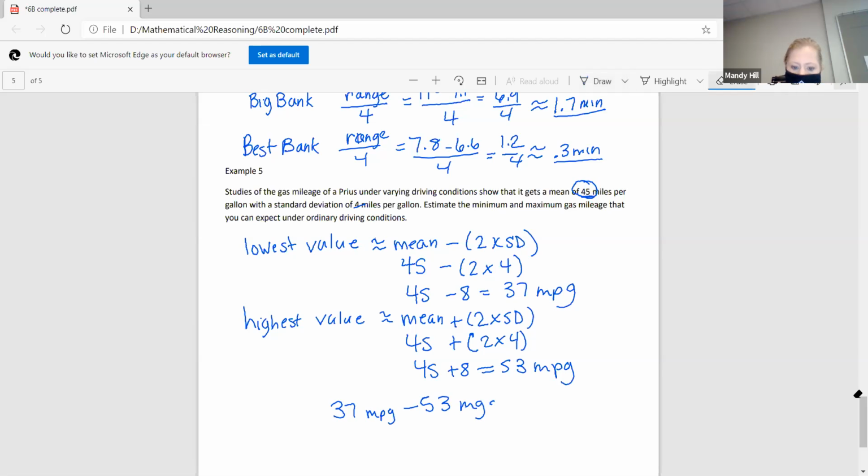It kind of gives us a range that we can depend on. This is basically what it's doing. And if we look at 2 standard deviations both ways, we can make some predictions about that. Okay, so that is all we have on 6B.